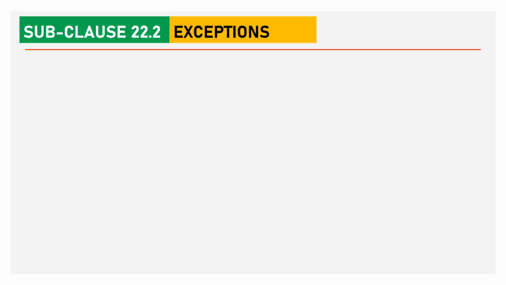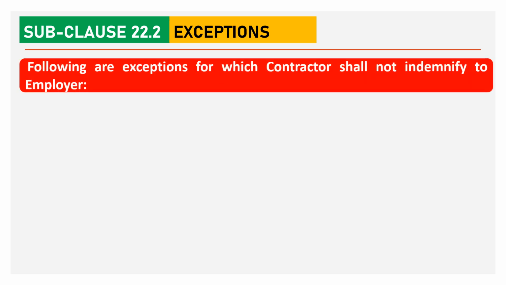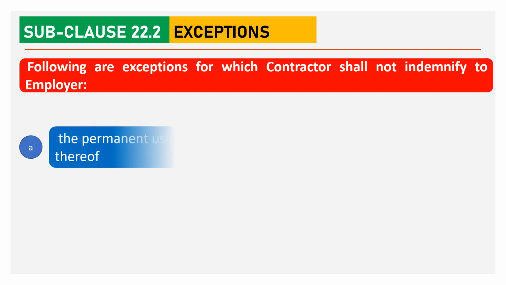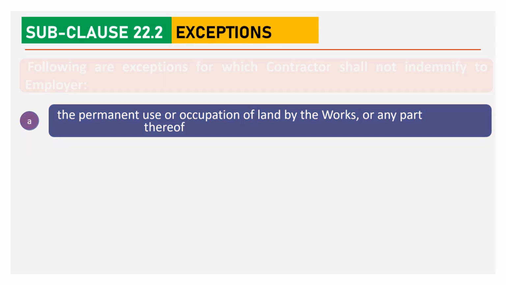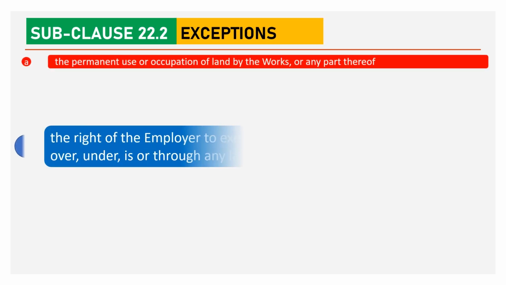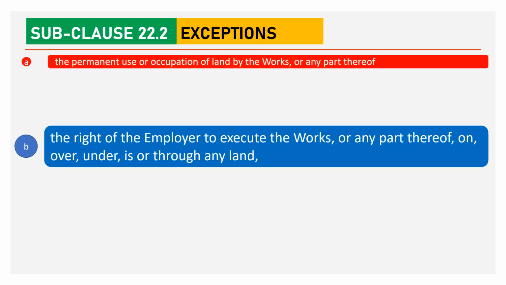Subclause 22.2 Exceptions. Following are exceptions for which the contractor shall not indemnify the employer. The first one, the permanent use or occupation of land by the works or any part thereof. The second is the right of the employer to execute the works or any part thereof on, over, under, in or through any land.